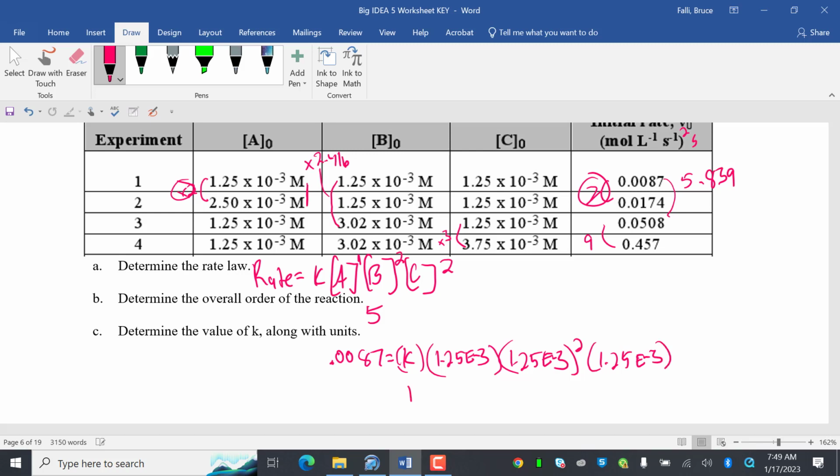And we'll see what we come up with. Now, if I've got 5 for a power, it's going to be 1 over molarity to the 4th second. So let's see what we get here. 0.0087 divided by 1.25 E negative 3. I'm going to go crazy math here. Whoops, this one's supposed to be squared to the 5th.